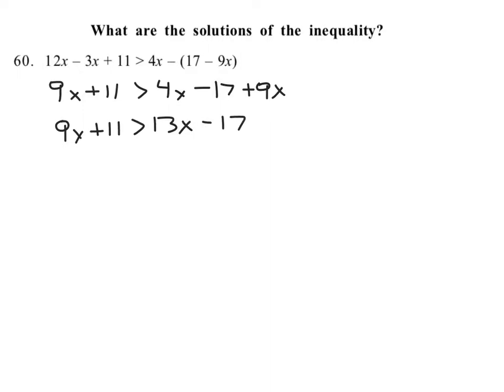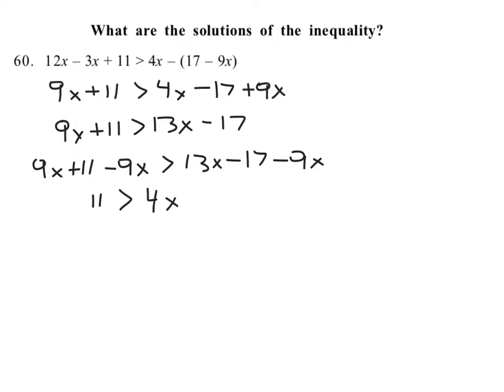I want to subtract that 9x away from both sides, so I get rid of it over there, okay? So I say 9x plus 11 minus 9x is greater than 13x minus 17 minus 9x, or 11 is greater than 4x minus 17, and I can then add 17 to both sides.